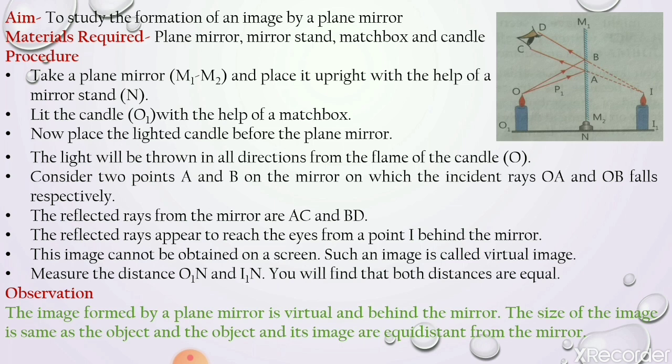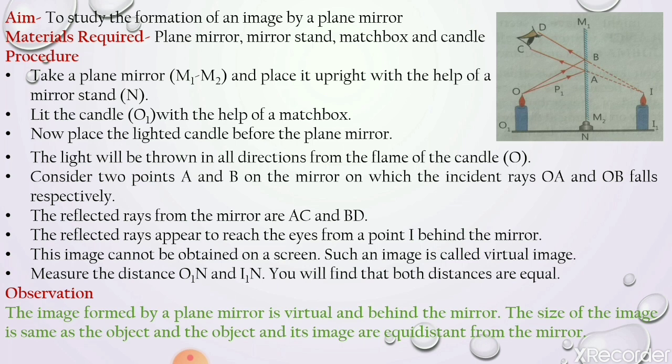We can suppose that light rays from the flame are falling in all directions, but we have to consider 2 points, A and B, on the mirror on which light rays are falling. So when we draw the light rays, they will be OA and OB. Two light rays, OA and OB, are there on the mirror.